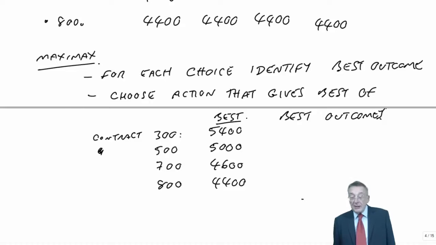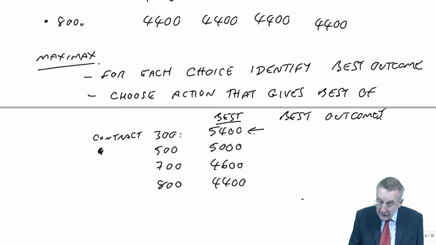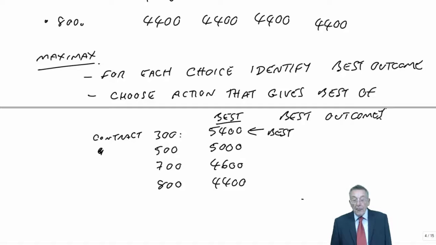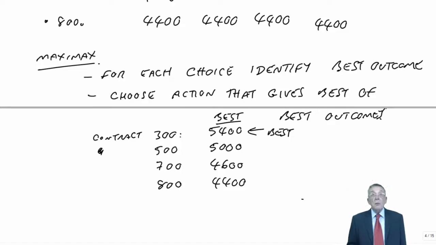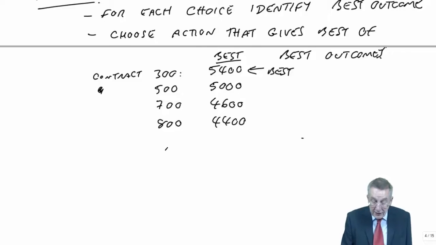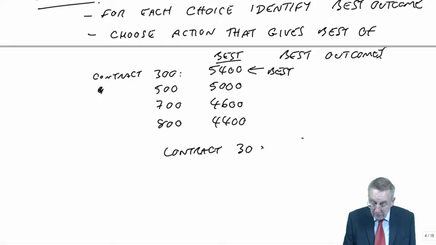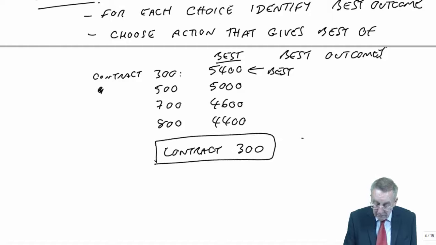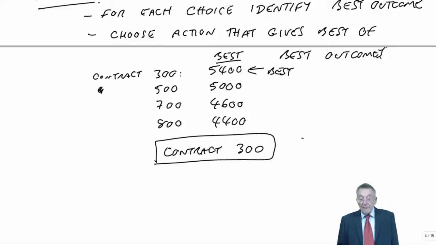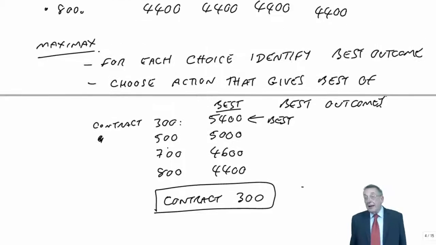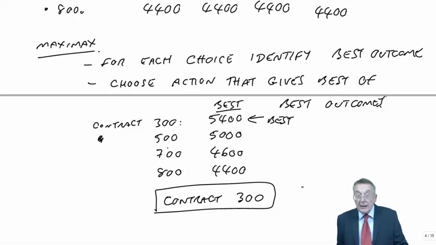We go for the best of the best. The highest of those is 5,400. And as a result, we would contract for 300. So an easy one, and in fact, you can write that one straight down.